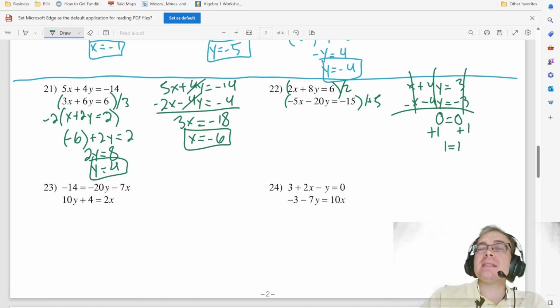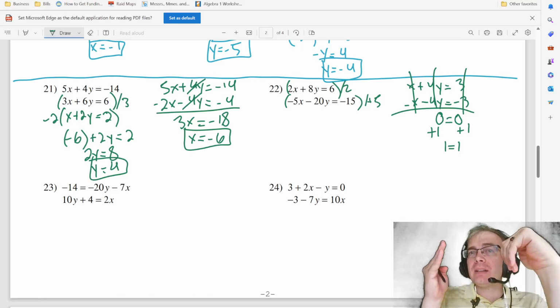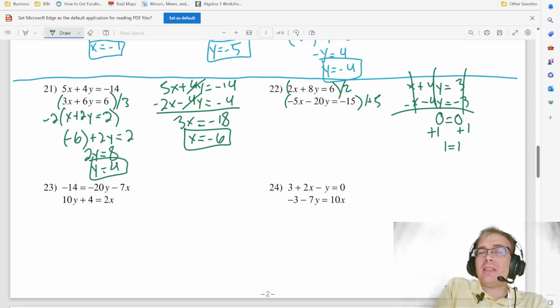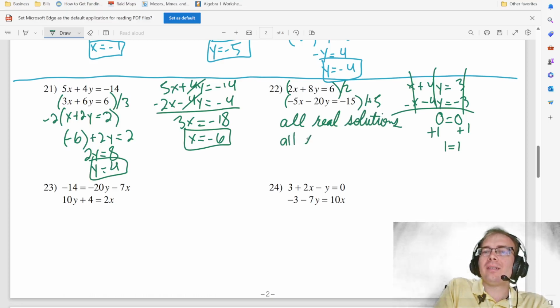So what that means is when everything cancels and you get a number equal to itself, the answer is all solutions. Typically you write it like this. You write it as all real solutions. Right? So in print, all, oh, I almost wrote that in cursive.